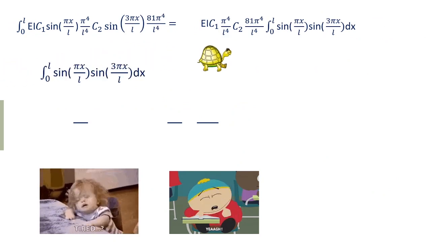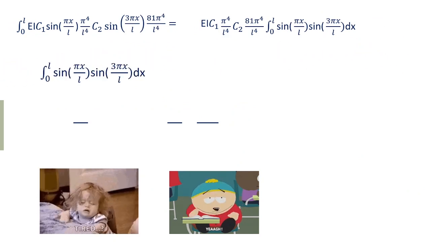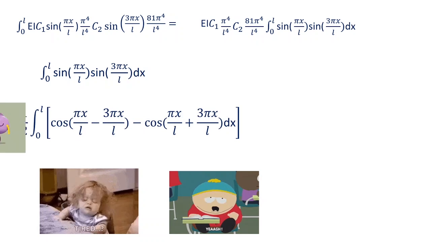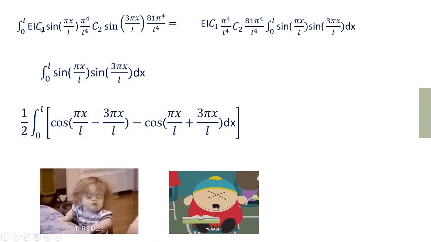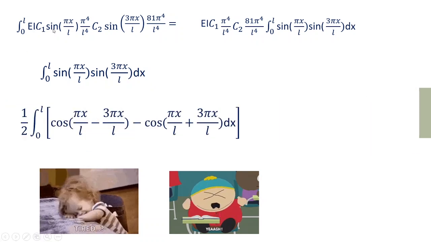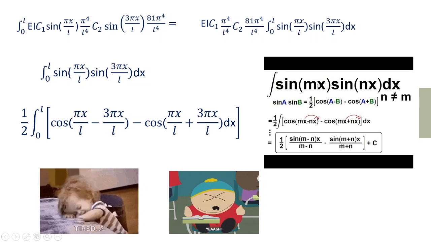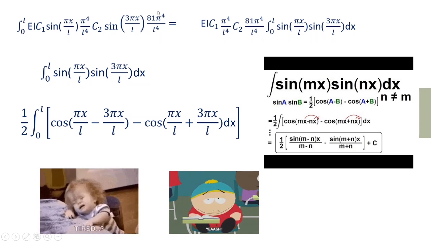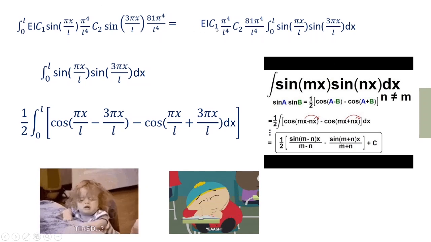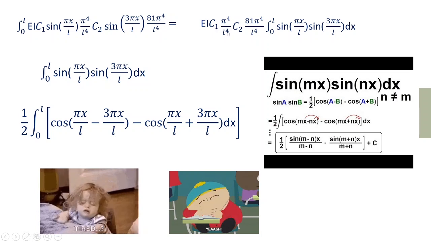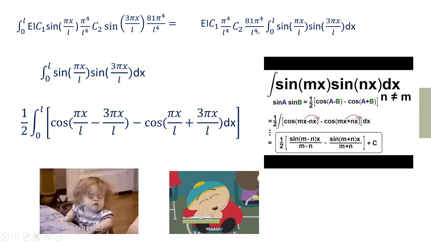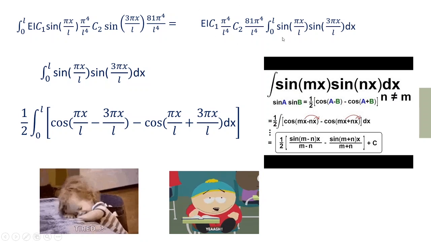Now we will try to solve the second equation. EI c1 square, this is our second equation, and it's the same as this equation. What I have done, I took all the constant terms out: E1 c1 pi 4 by l4, c2 81 pi 4 by l4. So our equation is reduced to a simple trigonometric function.